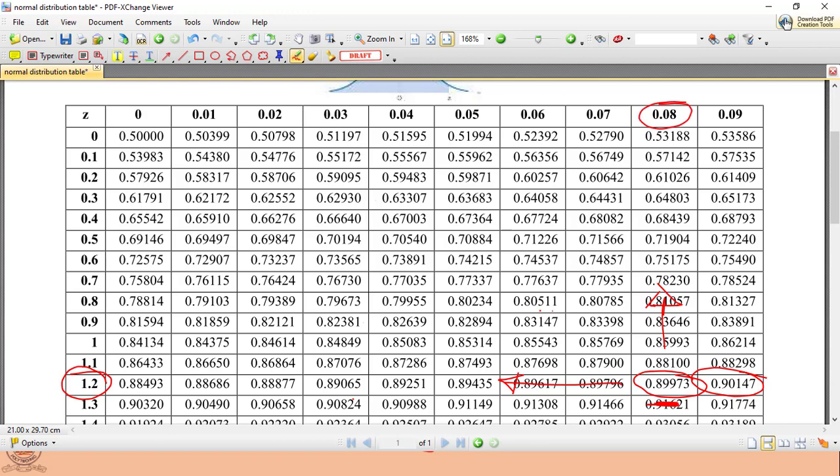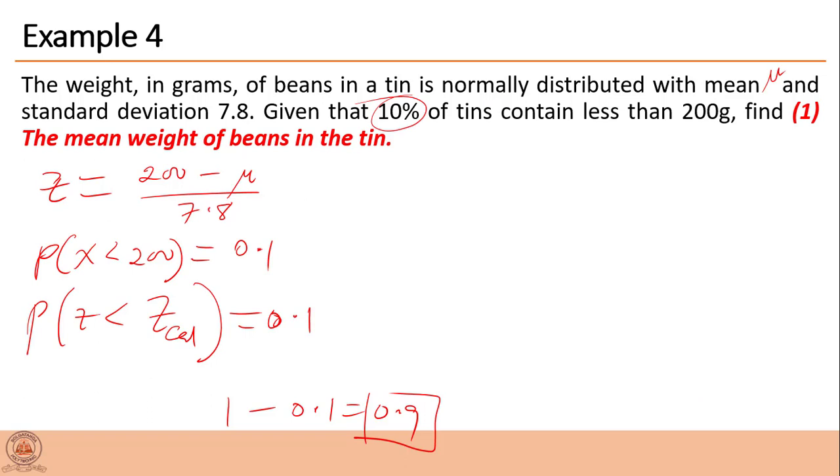So our z value is equal to 1.2 plus 0.08, and that will give us 1.28. So our z value is 1.28. Let's come back here.